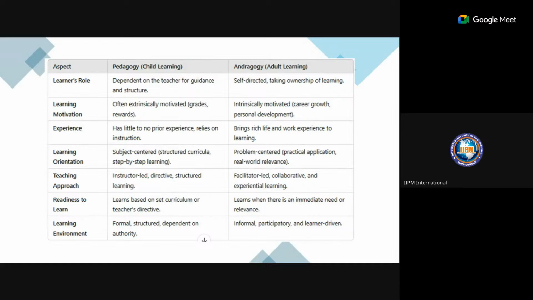But for andragogy, it is problem-centered, with practical application and relevance. The teaching approach for pedagogy is instructor-led, directive, and structured. That's why you can tell a child, you fail this one, you have to be punished. But you cannot punish an adult.